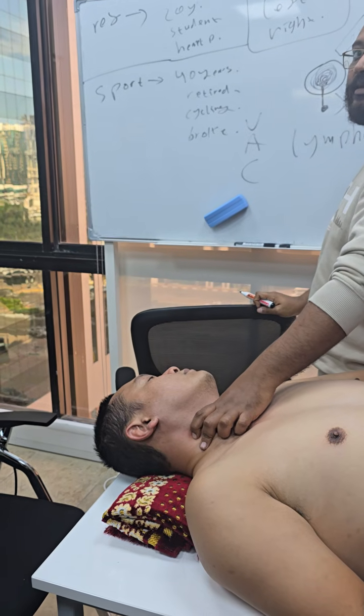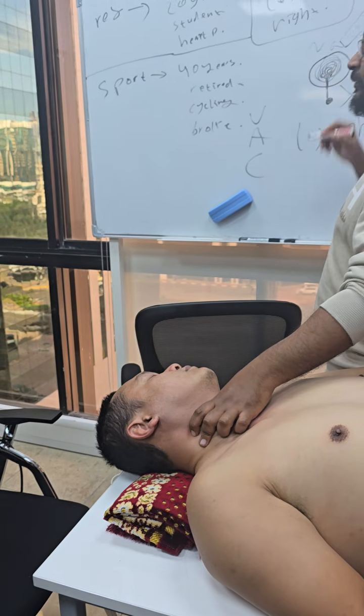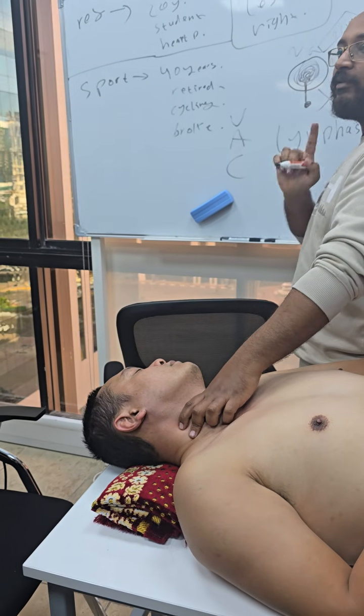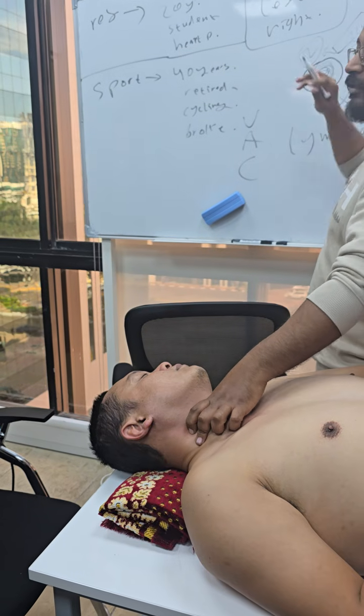Lymphatic edema swellings can be smaller than 2 centimeters. If one swelling is bigger than 2 centimeters, then this is a problem.